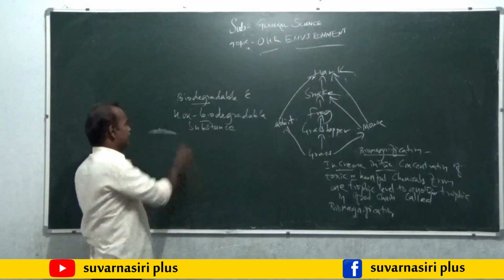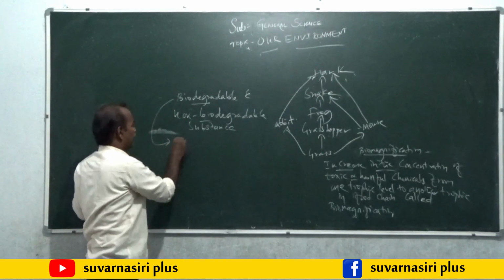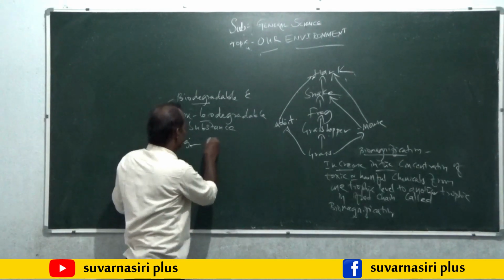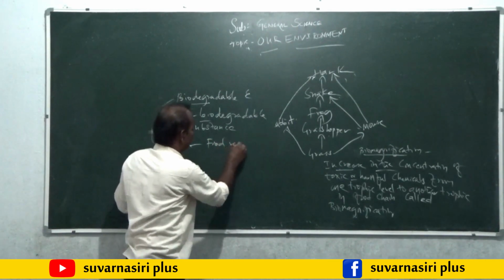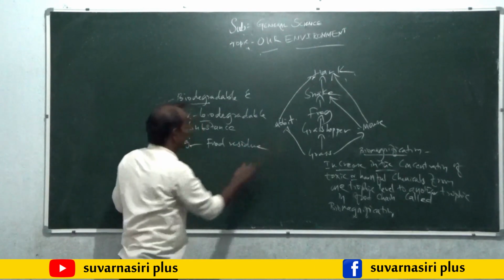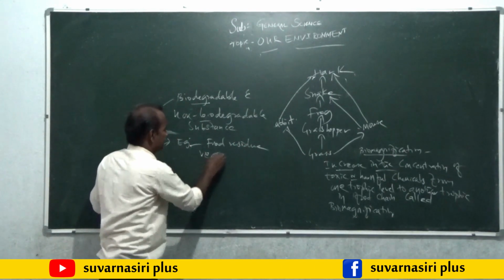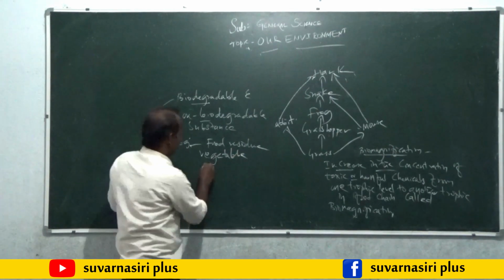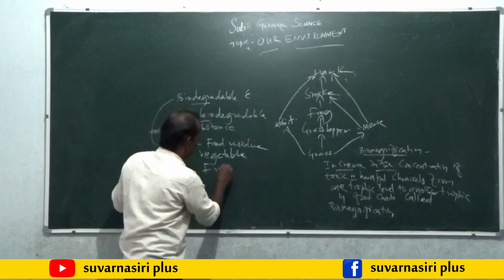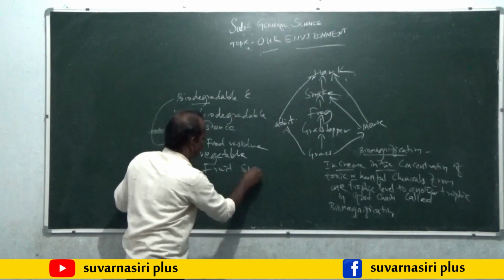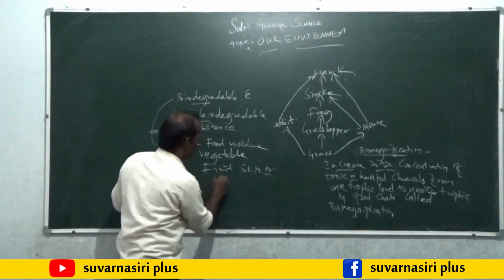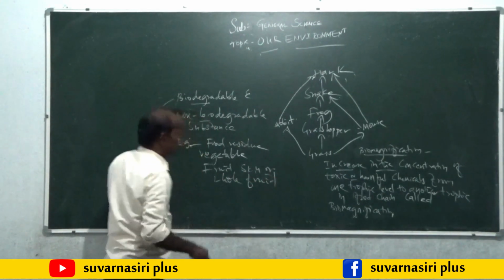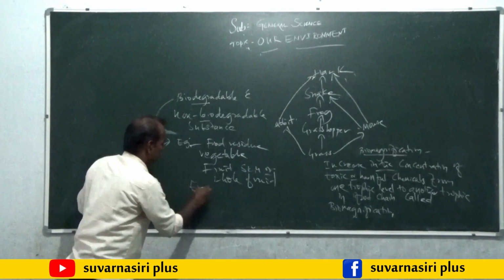There are many examples for biodegradable substances, like food residue, vegetables, fruit skin or whole fruit, and excreta of animals.